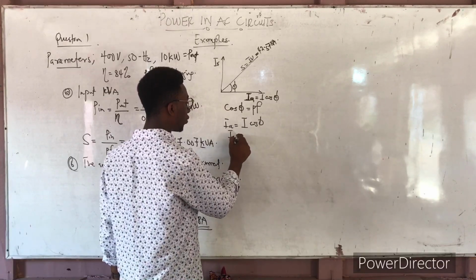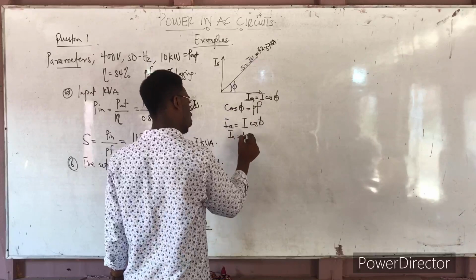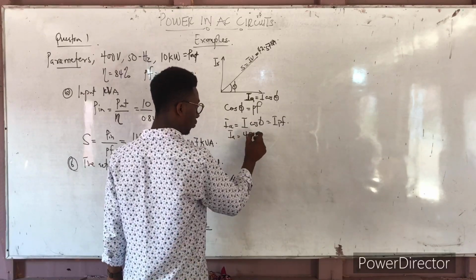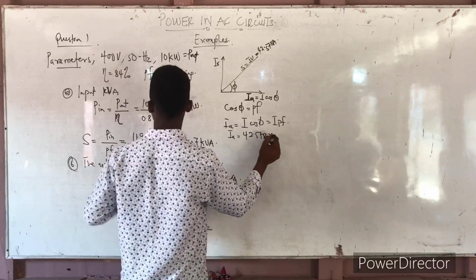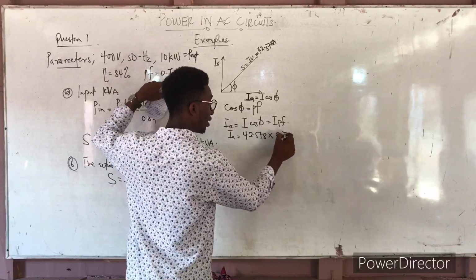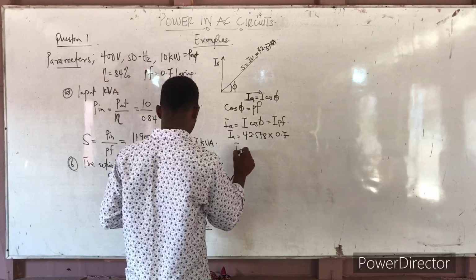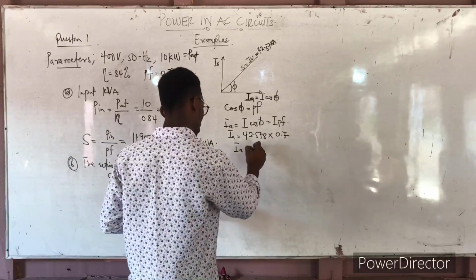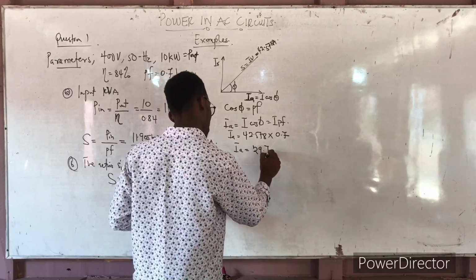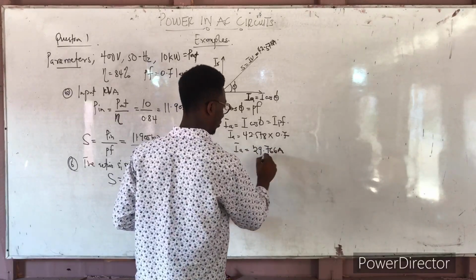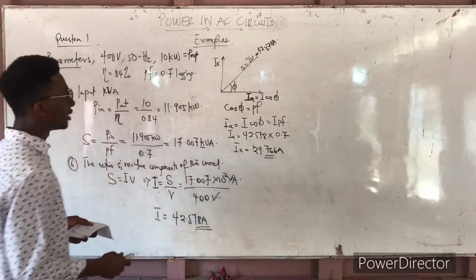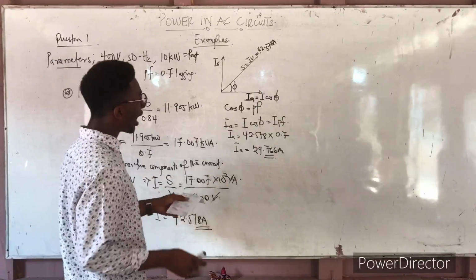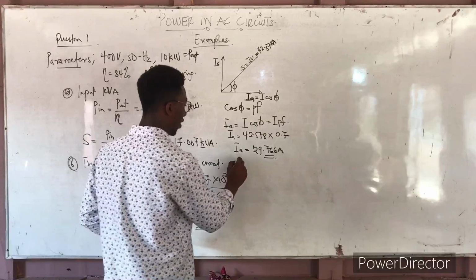So IA is equal to 42.518 times the power factor, 0.7, which gives us 29.766 ampere. This is the value of IA. We've gotten IA now, and we want to find our IR.